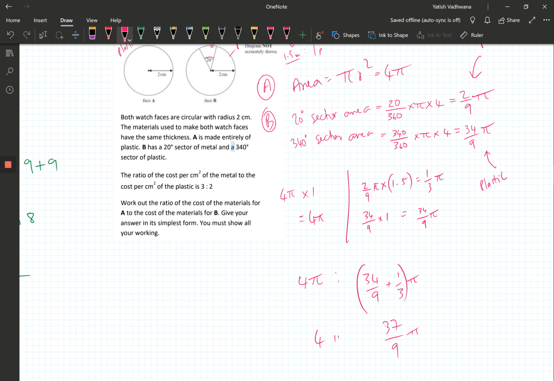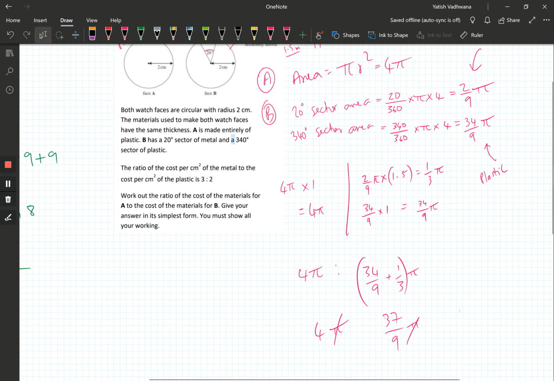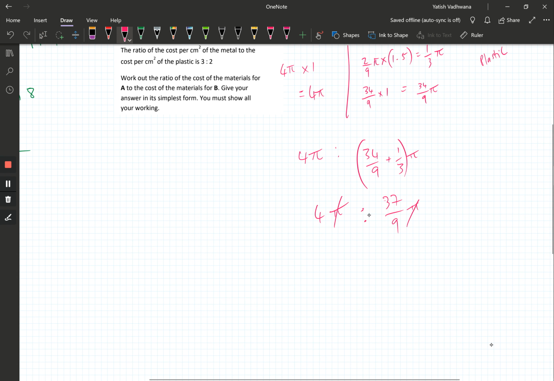We can actually cancel the pi's out here as well. So now that I have my ratio, I can see it's 4 to 37 over 9. Now, that's obviously not a very nice number to write it this way, so we're just going to multiply both sides by 9. So then I get 4 times 9, which is 36, to 37.